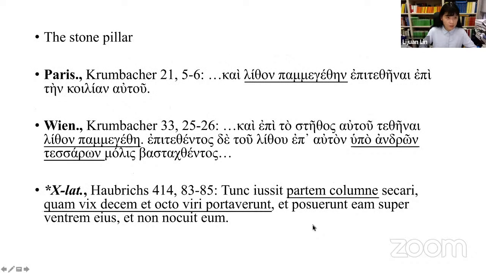And concerning the stone pillar, we find a series of parallels in the following versions. For example, in the Paris version and in the Wien version, and the number of the men who raised the pillar is four. And in the ex-Latin version, there is also a part of the pillar, and the number of the people is also mentioned.